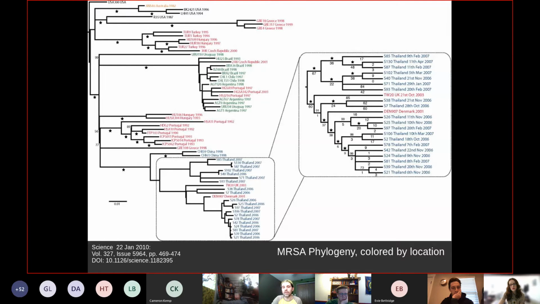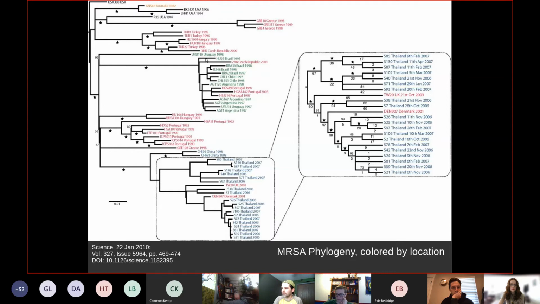They're color-coded. We've got 2 cases from outside of Thailand, one from the UK and one from Denmark, that are actually more closely related to the Thailand strains than they are to other European strains. Okay, so here's Australia, here's the USA in black, here's Greece, Turkey, Uruguay, Brazil.